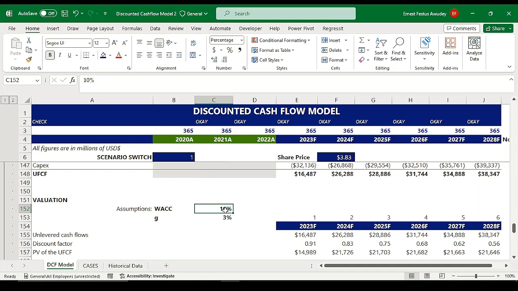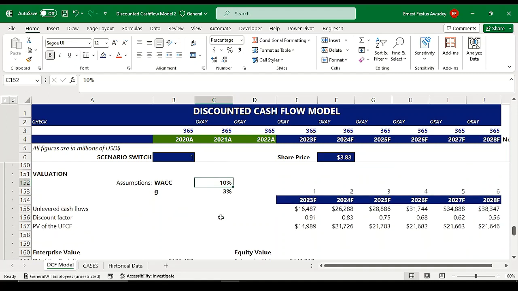So we just assumed a 10% WACC, which is the weighted average cost of capital of this hypothetical company. And then we also made an assumption for the growth rate, which is 3%. So we are saying that the cost of capital is 10%, and that the cash flows are going to grow at 3% per year. So those are the assumptions we made.